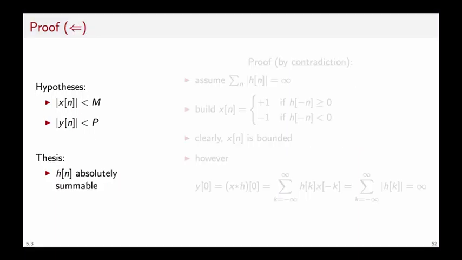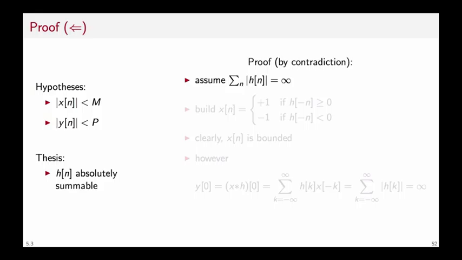As for the necessary part, we'll proceed as follows. The hypotheses now are that both input and output are bounded, and we want to prove that in this case h of n must be absolutely summable. The proof will proceed by contradiction, and it is a little bit tricky but not difficult at all.